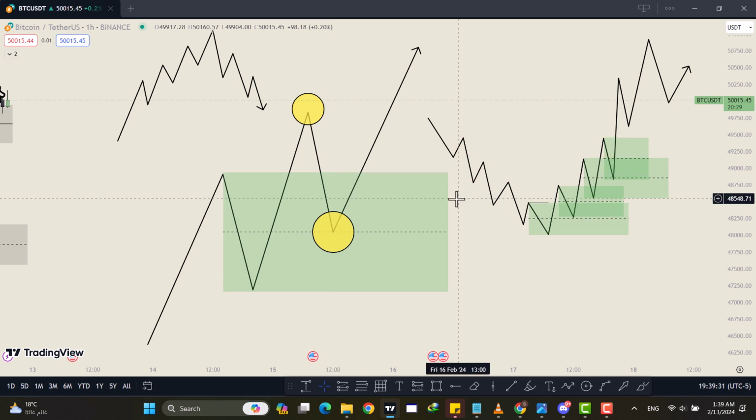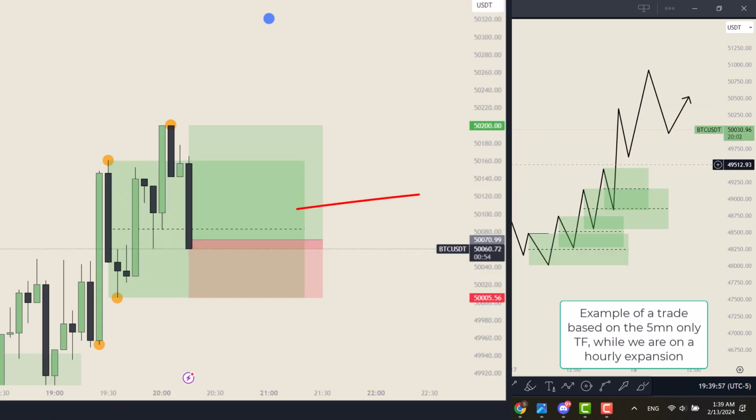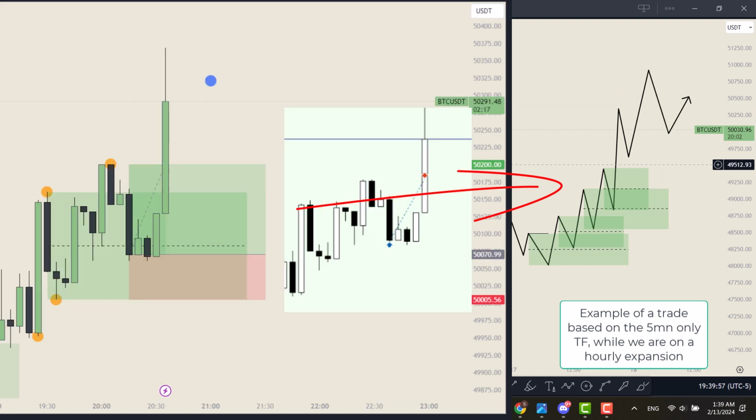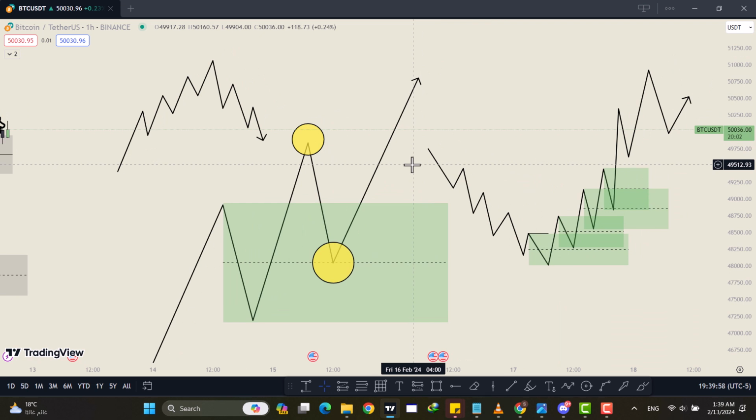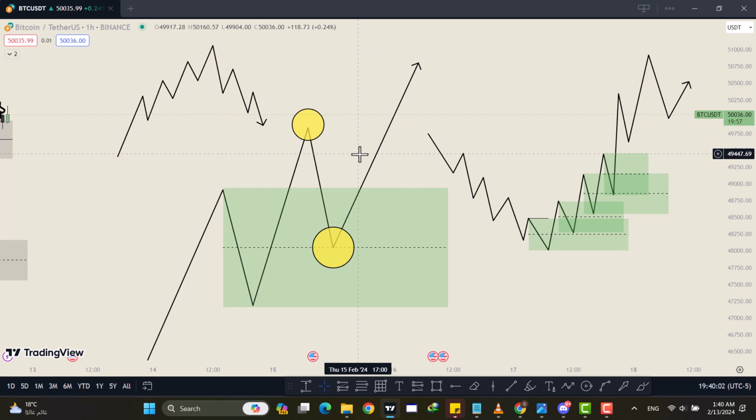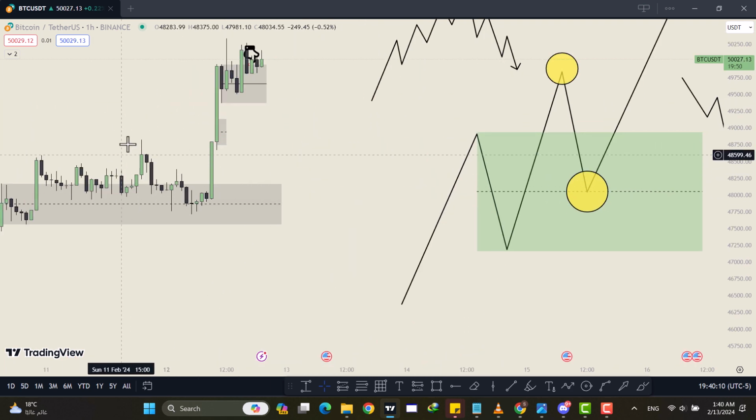For the 1-minute traders, use the 1 hour just to know where you are. So this is a long introduction, but it is essential, and you will see it clearly when we go to the chart right here.